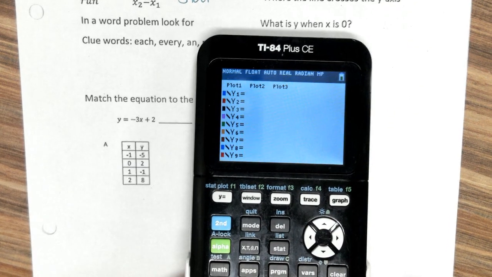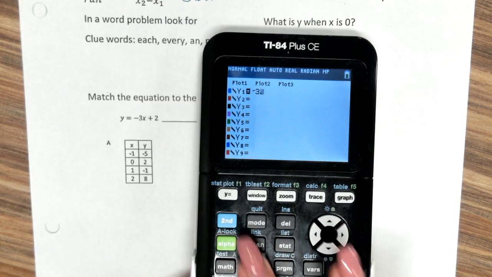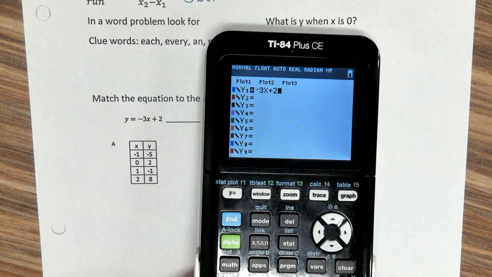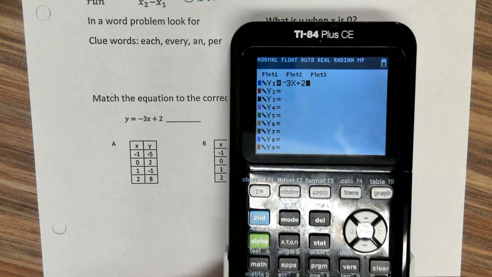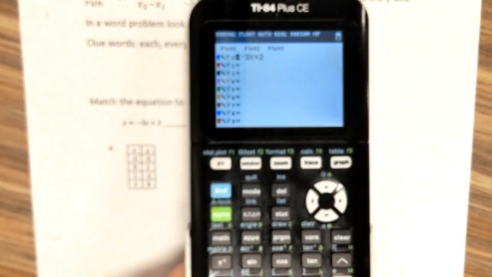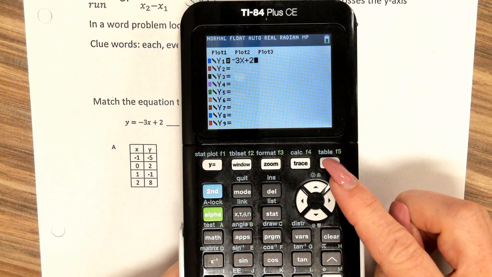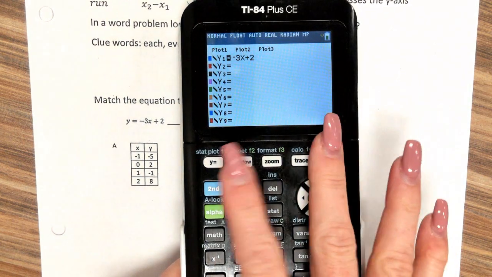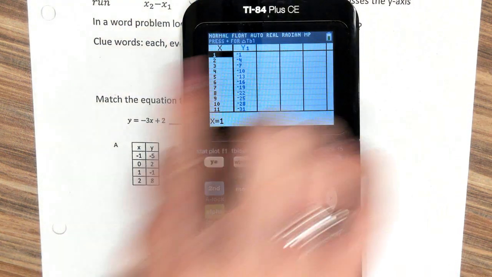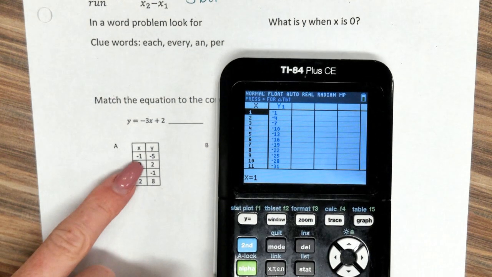If there's anything in there, you clear it out, and we're going to put in negative 3x plus 2. Now, where could I go to look for this kind of thing? Second, look above the word graph. Second table. That's just going to give me a table of coordinates, yes? Now can I match to see which one this goes with?